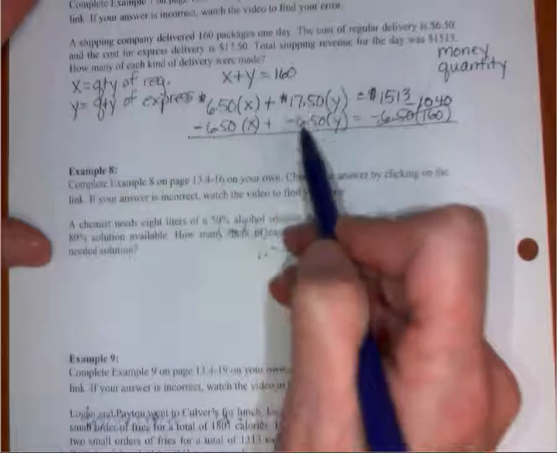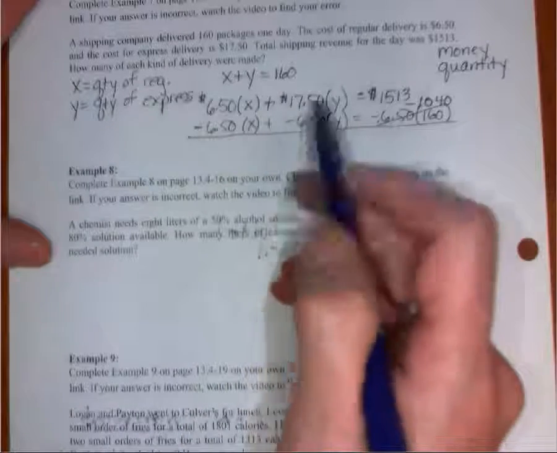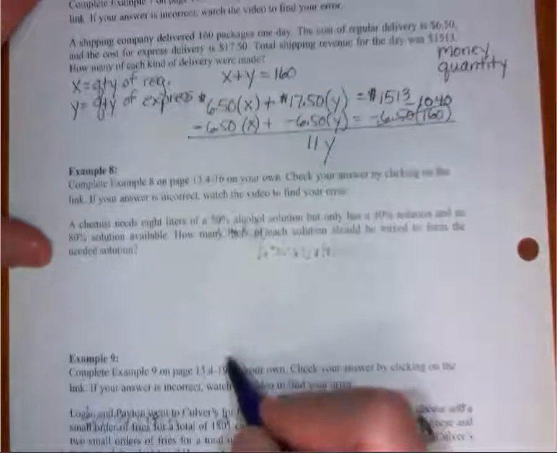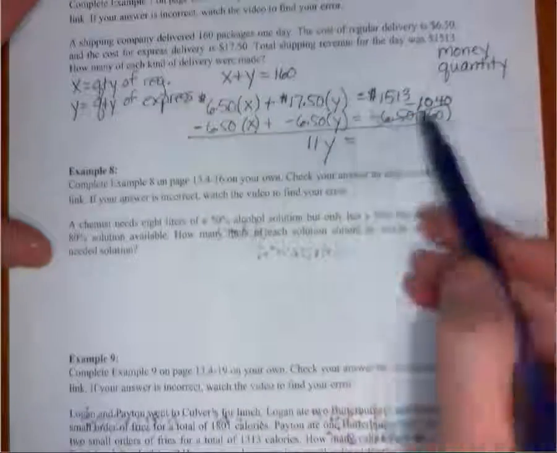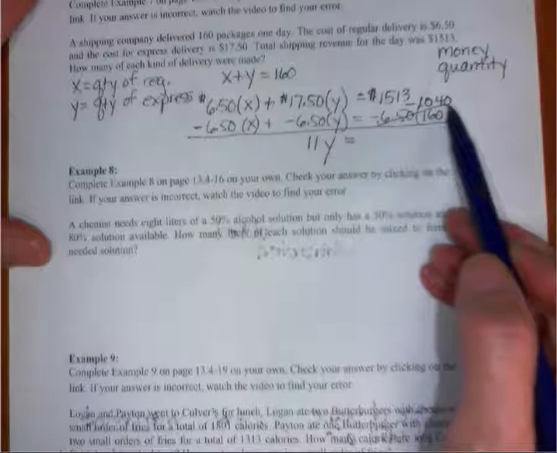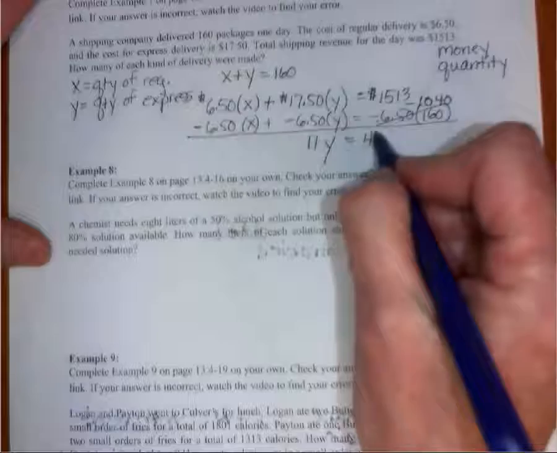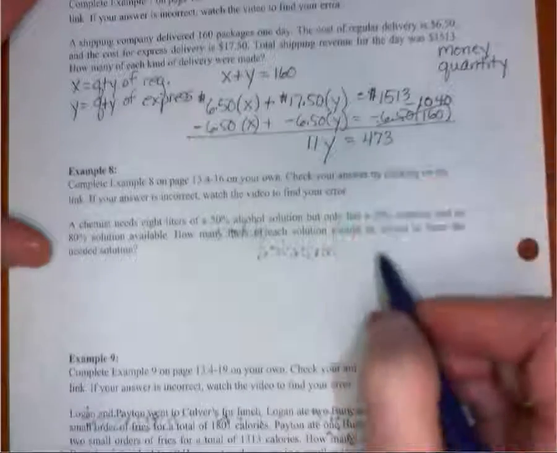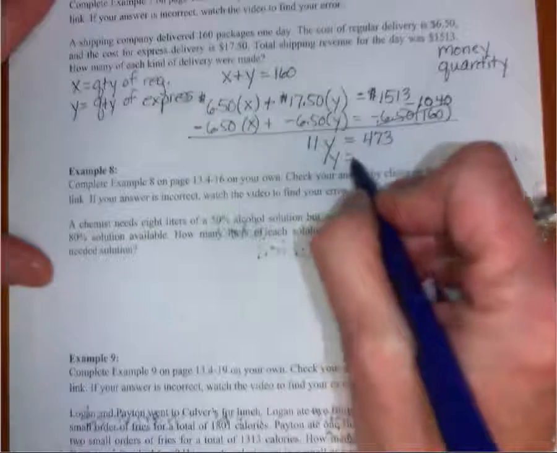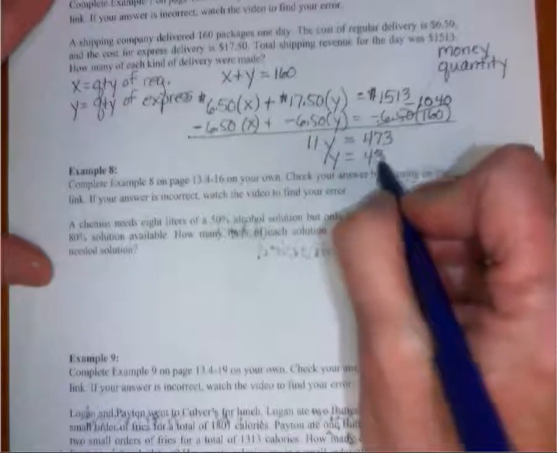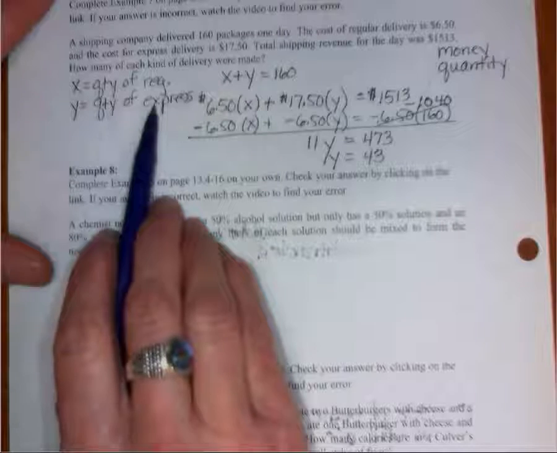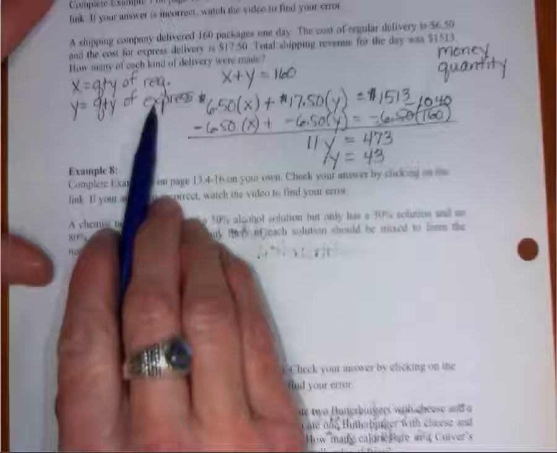When I add these, 1750 minus 650, I'm left with 11y, equals, and when I add these two, 1513 and a negative 1040, I get 473. Divide both sides by 11, giving me y equals 43, which tells me there were 43 express packages sent that day.